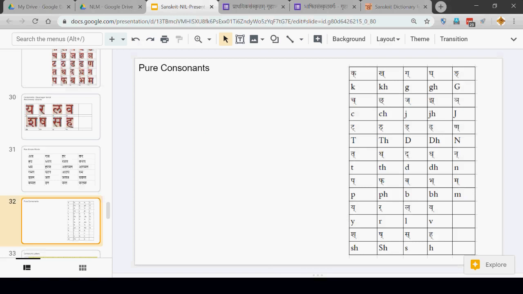Now these technically cannot be pronounced, but these are widely used in the language, even in words. So how do we pronounce them when they are used in words? That we'll see a little bit later. But these pure consonants are also used.